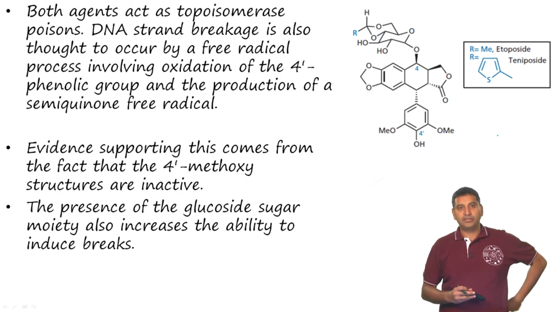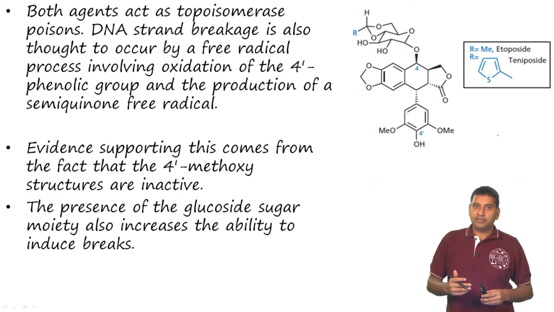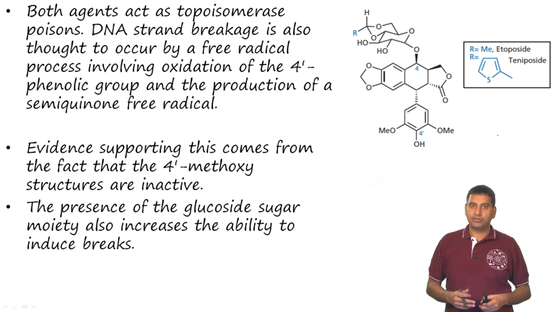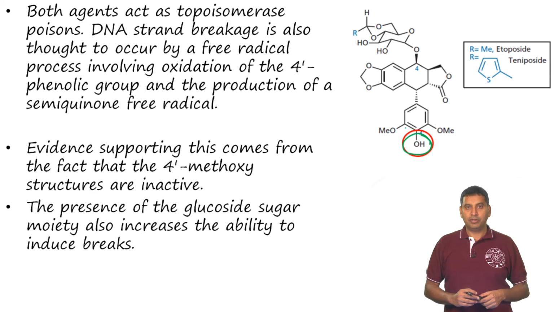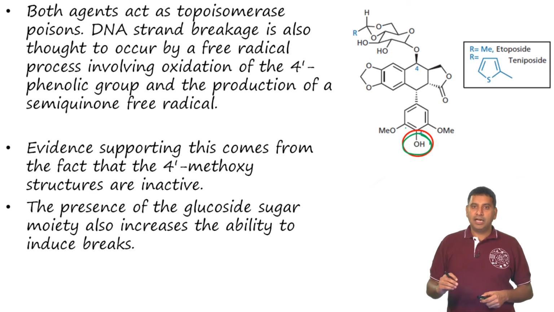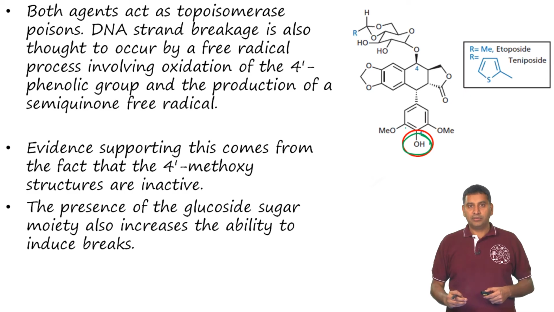Both these agents act as topoisomerase poisons. DNA strand breakage by this class of molecules is thought to occur by a free radical process that involves the 4' phenolic group. What is proposed to happen is that this 4' phenolic group forms a semiquinone radical, which then generates reactive oxygen species.